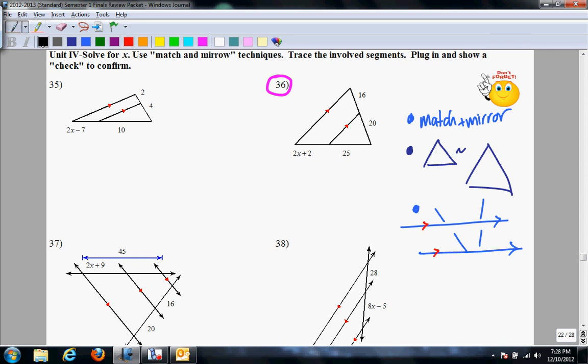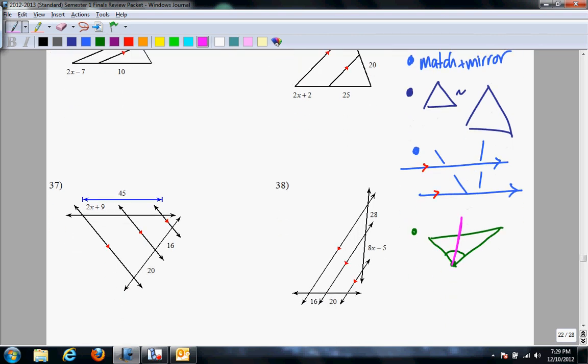And then the third proportion you should be watching out for is one with angle bisectors. For example, if this was an angle bisector, these segments here would be proportional. Let me make a proportion so it's easy to see.